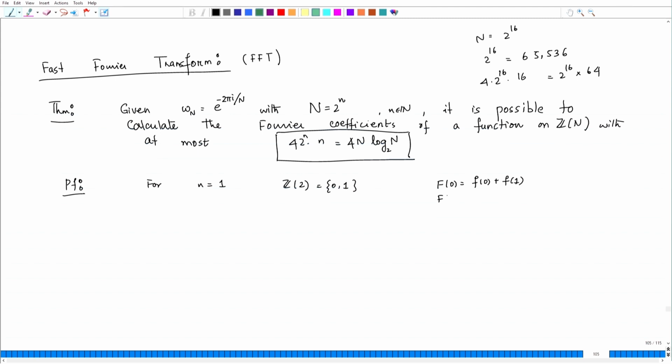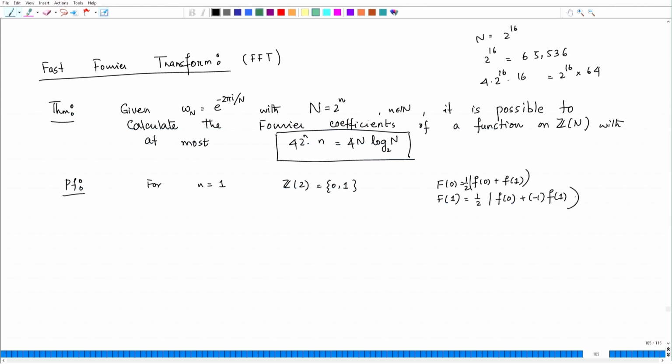Now, if I calculate f hat 1, this is half of f 0 plus e to the power minus 2 pi i divided by 2, which is minus 1, into f of 1.